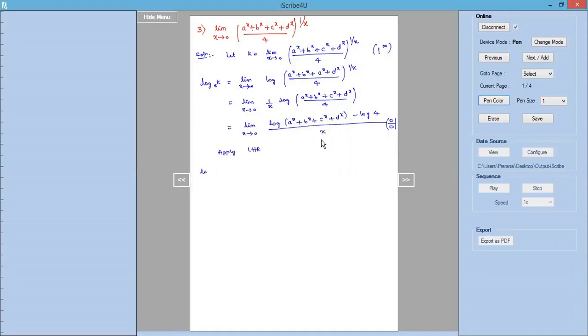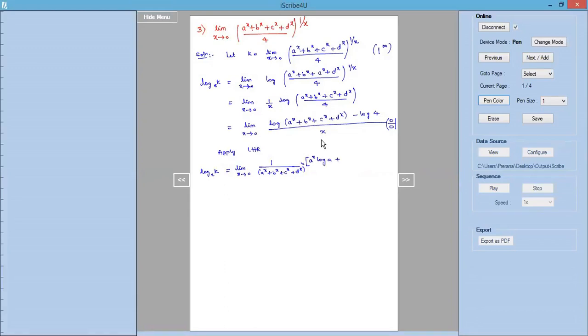So log k to the base e is equal to limit as x tends to 0, differentiation of log of (a power x plus b power x plus c power x plus d power x) is 1 divided by (a power x plus b power x plus c power x plus d power x) multiplied by differentiation of a power x, which is a power x into log a.